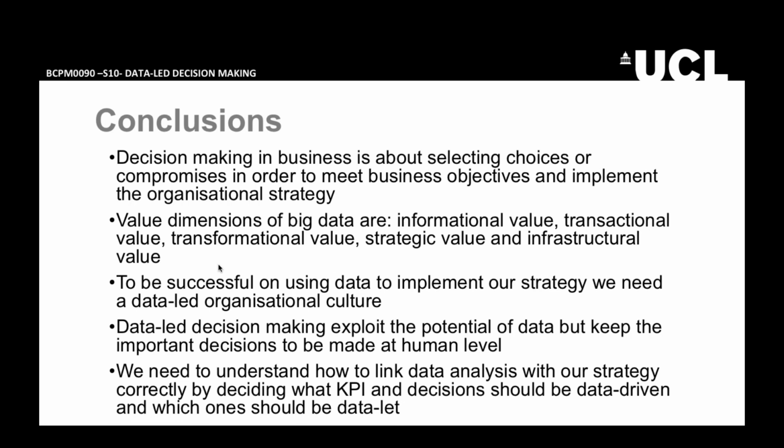In order to be successful in using data to implement our strategy, we need to create a data-led organizational culture. Also, it's important that you understand that data-led decision making obviously exploits the potential of data, but still keeps the important decisions to be made at the human level.